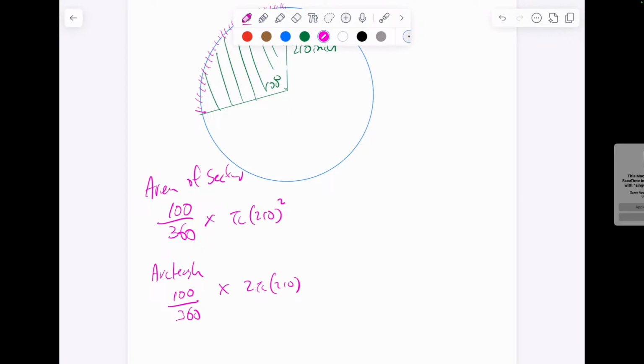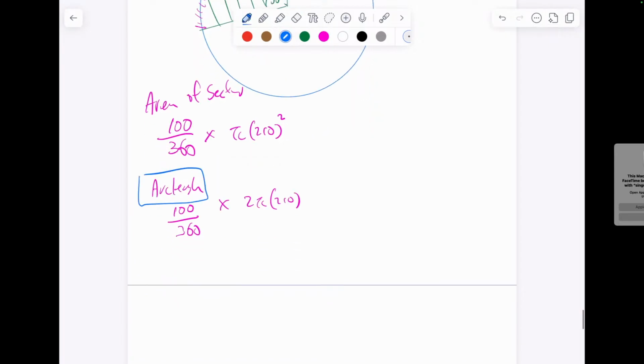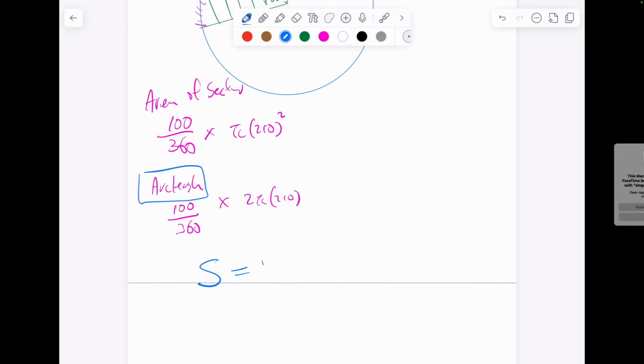Now, I'm going to tell you one more thing. In pre-calc, they come up with a new equation for the arc length: S equals r theta. This is pretty cool.